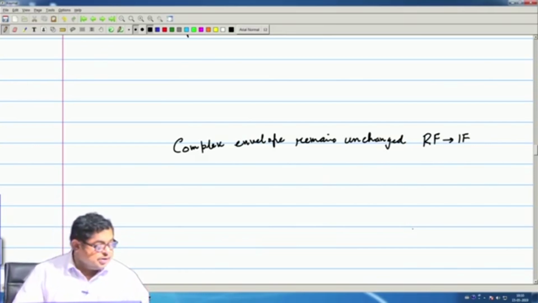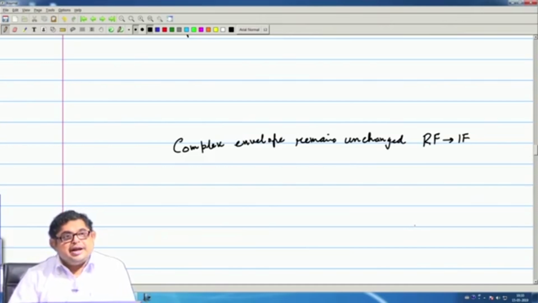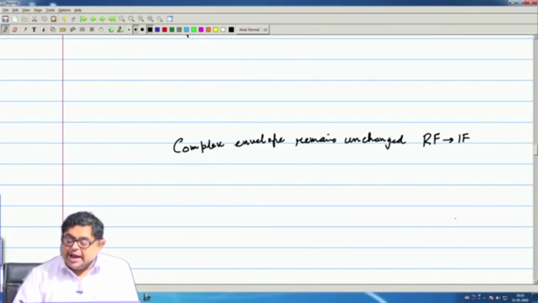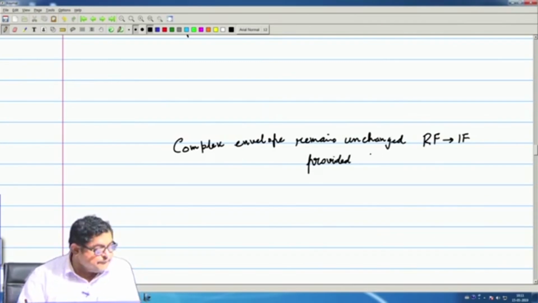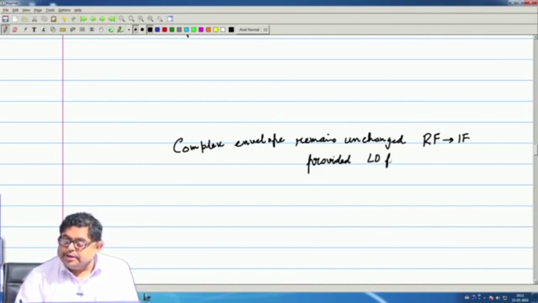But there is a catch, which in communication is generally not mentioned: this is true provided the LO frequency, the local oscillator frequency, is below the RF frequency.